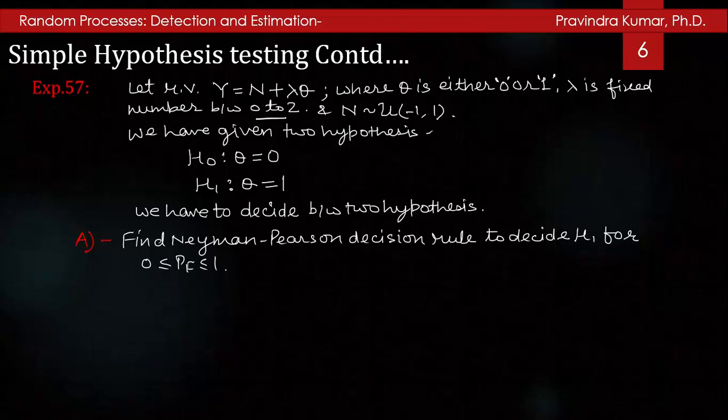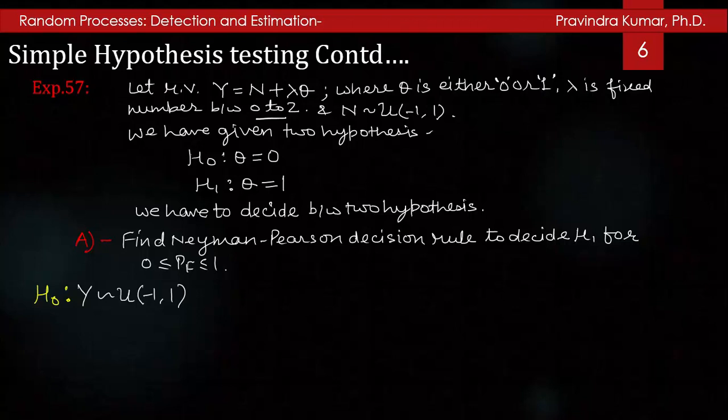H0 corresponds to when theta is equal to 0, and H1 corresponds to when theta is equal to 1. We have to decide between the two hypotheses. So find the NP decision rule to decide H1 for PF between 0 and 1.